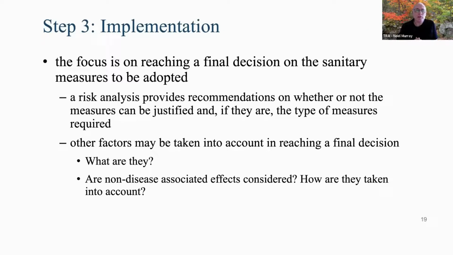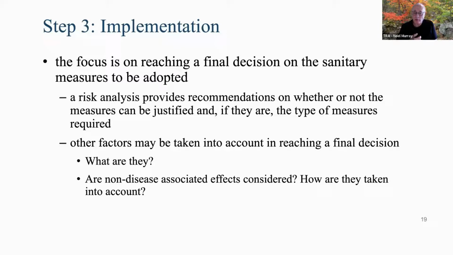So next we turn attention to implementation, where the focus is on reaching the final decision on the measures to be adopted. The risk analysis itself provides recommendations on whether or not the measures can be justified, and if they are, what type of measures may be required. But what other factors may be taken into account in reaching a final decision?